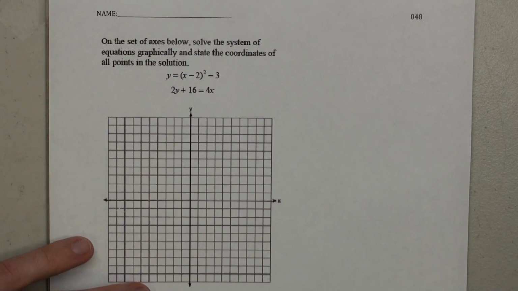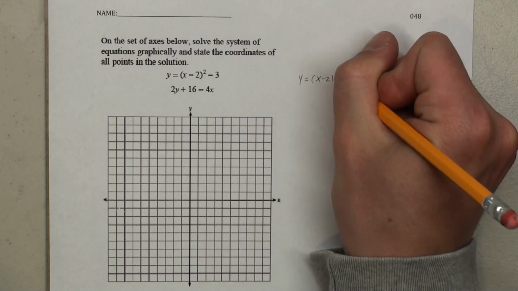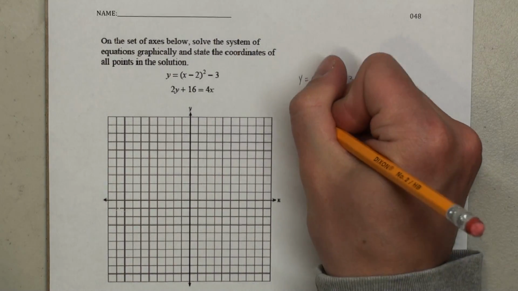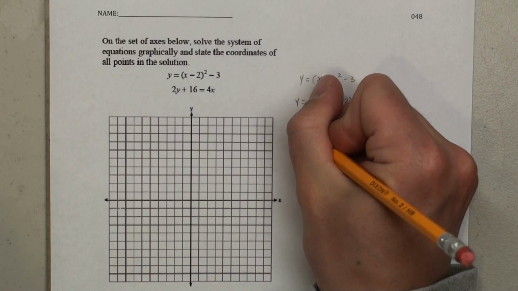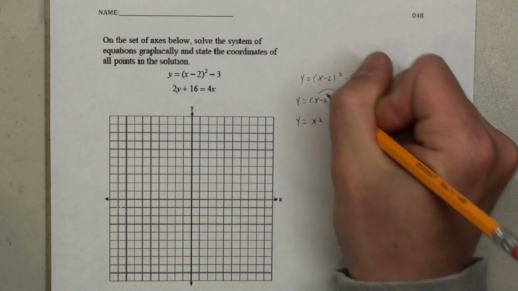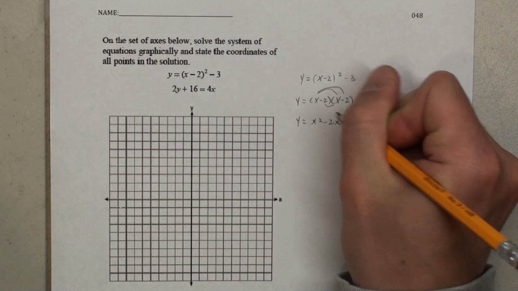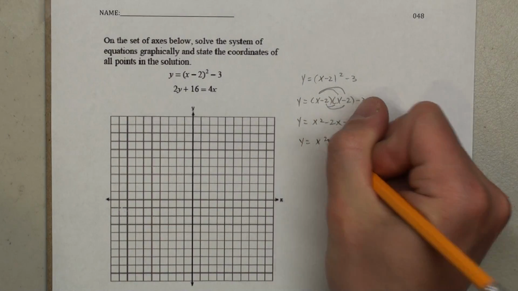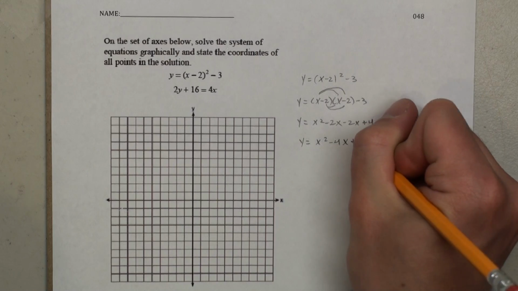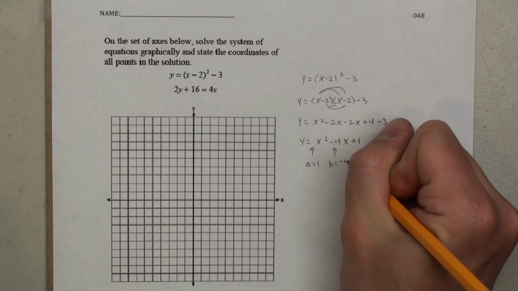Now we have this other problem. Let's see. First I'll work with the quadratic. Okay, so here's my A, it's 1. Here's my B, it's negative 4.